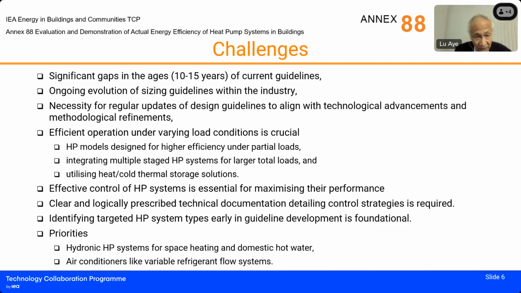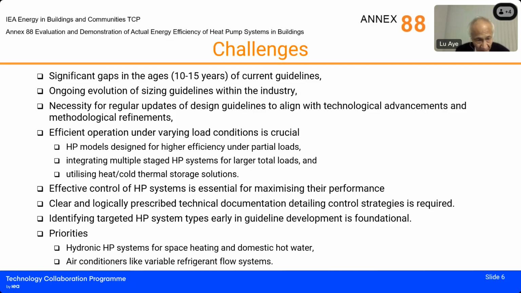And when we are going to develop this, we need to have a target system because we can't do everything. So we need to prioritize. For example, what we are thinking at this moment is a hydronic heat pump system for space heating and domestic hot water.